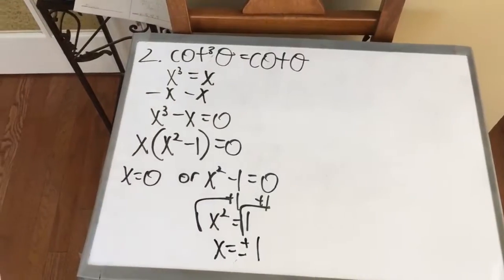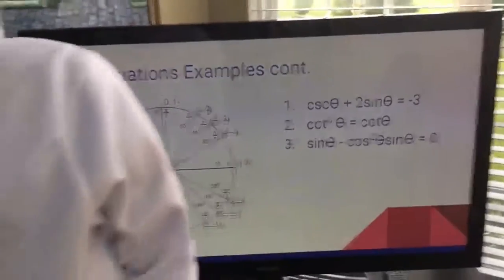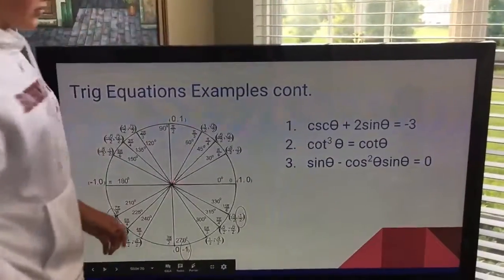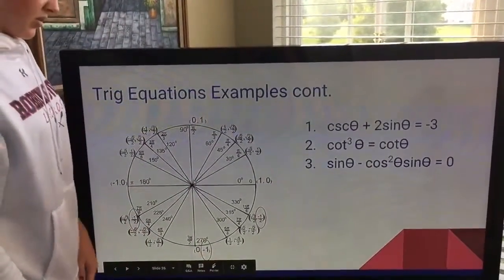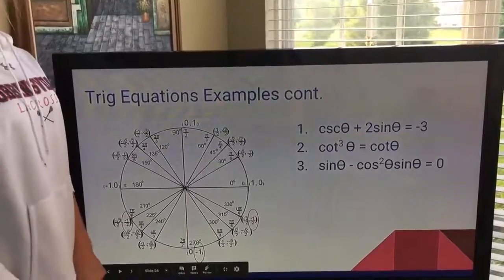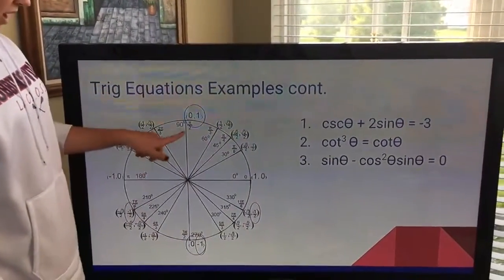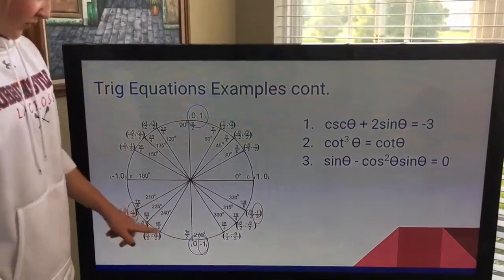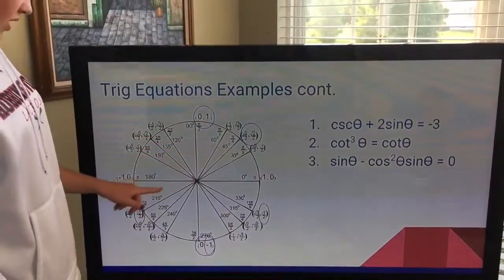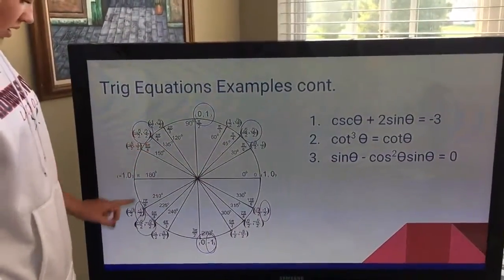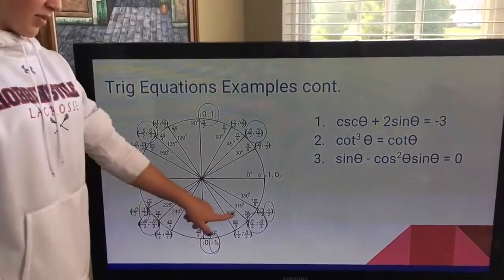So then the next step is to find these values on the unit circle. So we find where the cotangent value, or the reciprocal of tangent, is equal to positive or negative 1 and 0. And these are at pi over 2, 3 pi over 2, pi over 4, 3 pi over 4, 5 pi over 4, and 7 pi over 4.